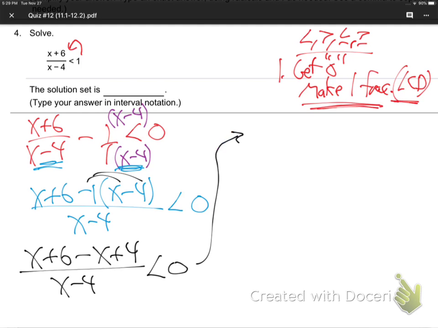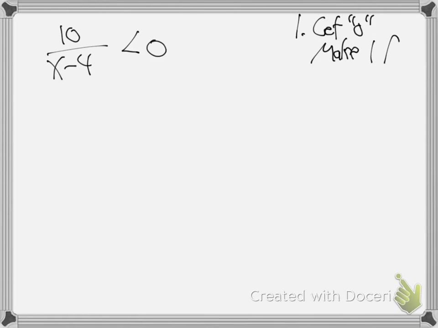And that leads to x minus x cancel. 6 plus 4 is 10 over x minus 4 less than 0. Okay, let's take that to a fresh screen. So we have 10 over x minus 4 less than 0. So step 1, get a 0, make it one fraction. So we did that.